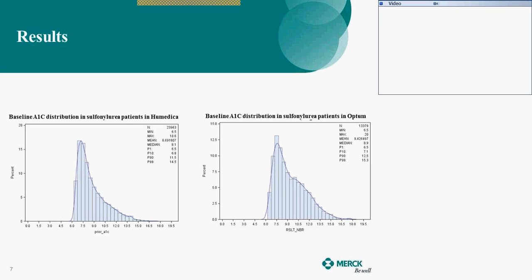So I'd like to come back to this curious, almost counterintuitive finding where we're seeing this distinction in the claim data for the A1Cs. My understanding is the main determinant of whether a lab value gets into the Optum data set or not is an accident of the local plan's contracting with the reference lab.